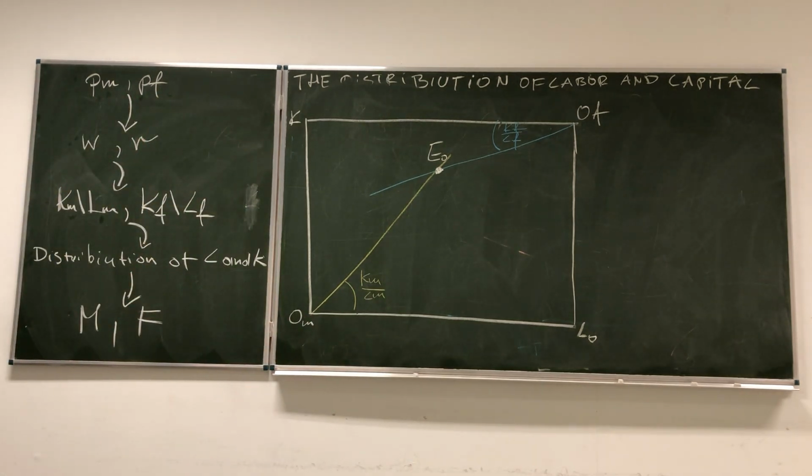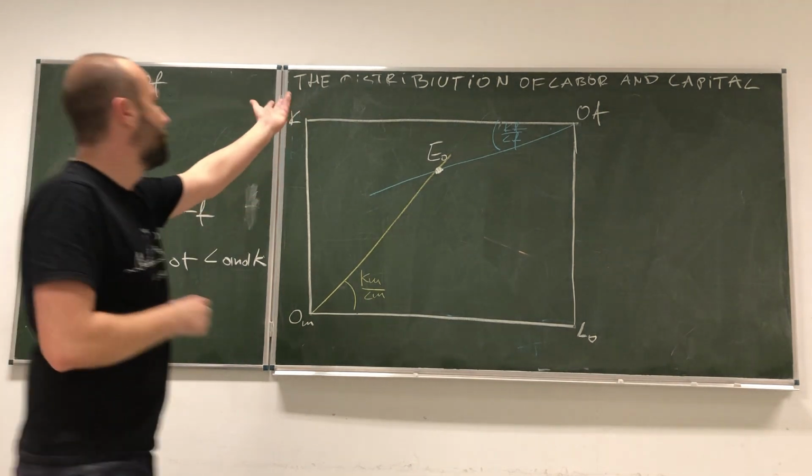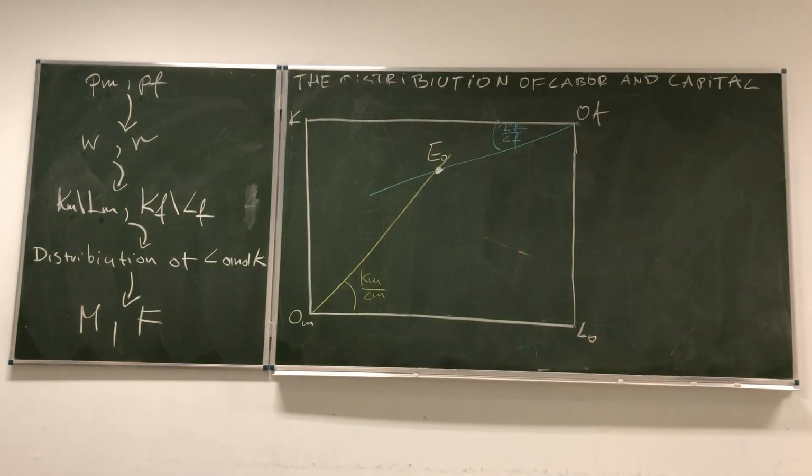Now, what would happen here if, let's just say, our country opened borders and now we have an inflow of workers from other countries? How would things change over here?